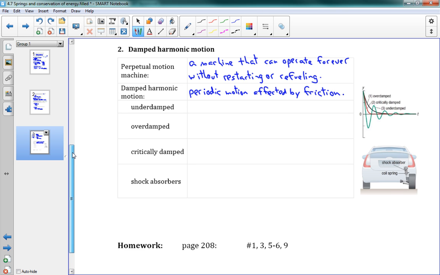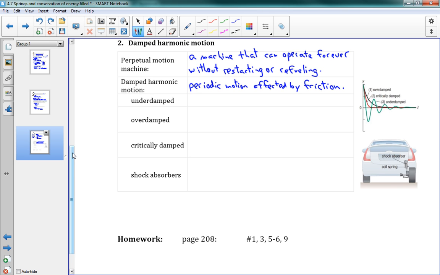So we have three types of damping. This is underdamped, and you can see on the picture they're labeled. So underdamped is the number 3 here. You can see it goes up and down. This is where the oscillation slowly reduces with time.